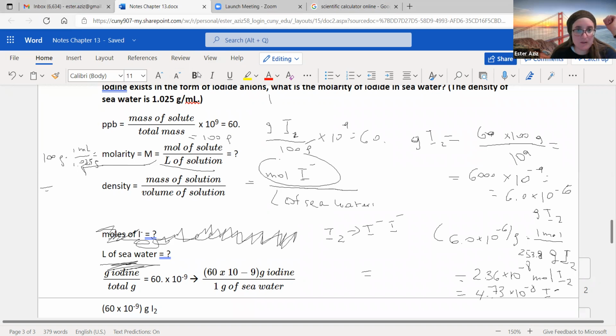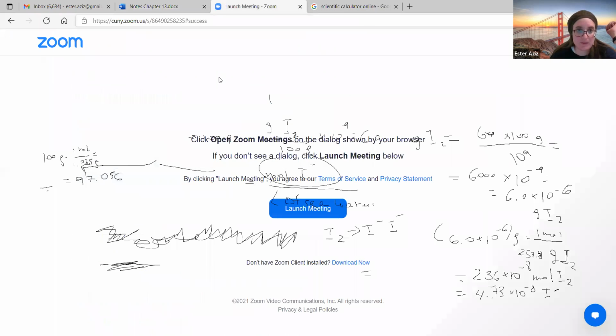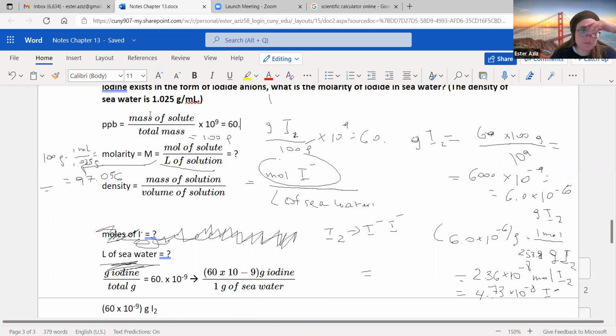That's milliliters. Okay, that's in milliliters.